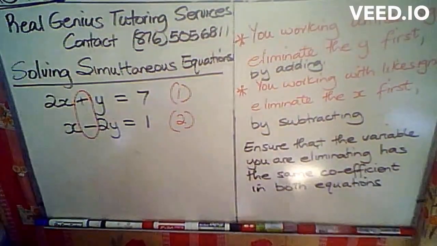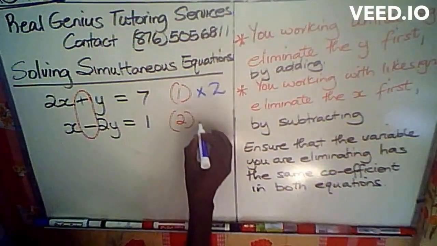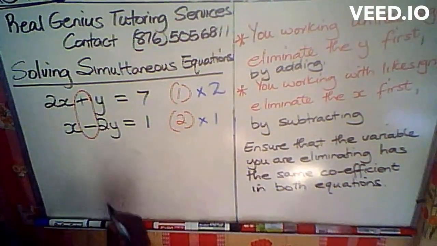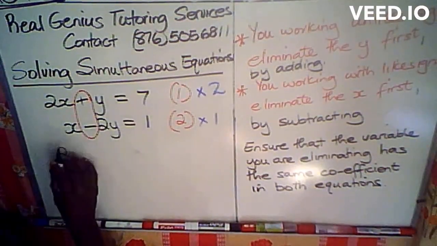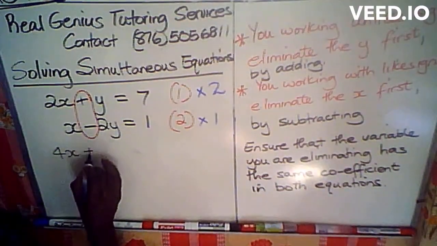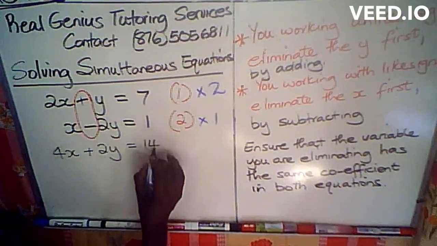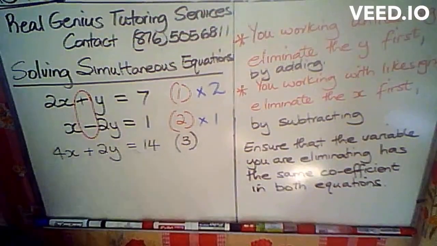So we're going to multiply this one by 2 and this one by 1. And so when we do that, we get 4x plus 2y equals 14. And we call this one equation 3.